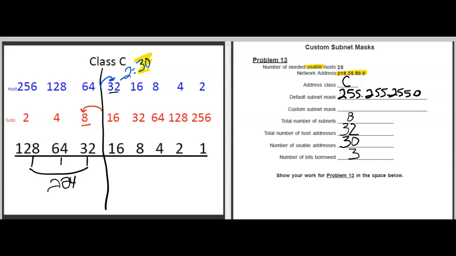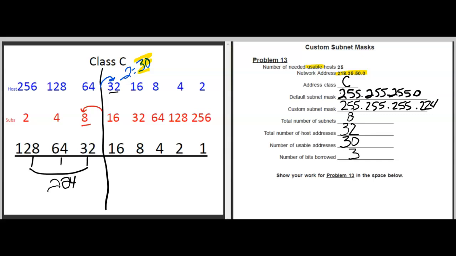So that makes my custom subnet mask 255.255.255.224. So we were able to solve that problem.